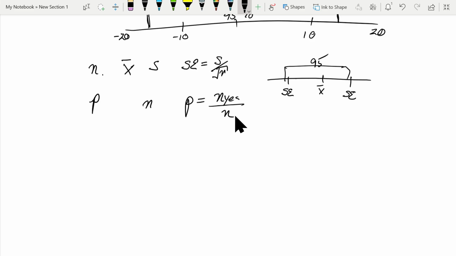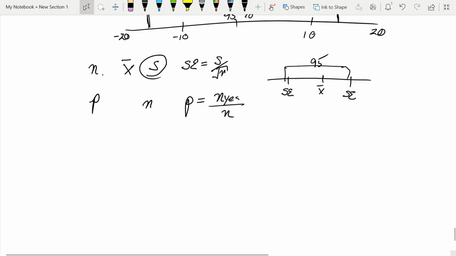All of this is exactly the same as the sample mean. The standard deviation is the same. But because it's a 1 and 0, it's an either or, it simplifies tremendously.